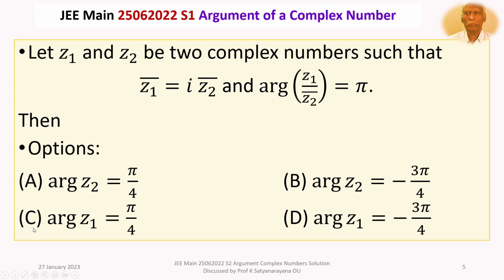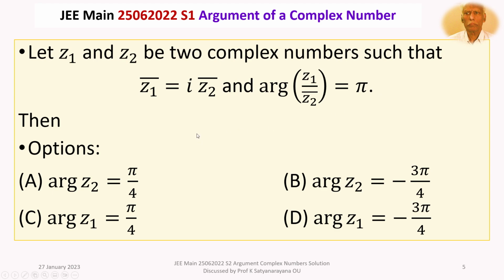Option B, argument of Z2 is minus 3 pi by 4. Option C, argument of Z1 is equal to pi by 4. Option D, argument of Z1 is equal to minus 3 pi by 4. We are given two complex numbers Z1 and Z2 satisfying these two conditions, that is Z1 bar is equal to i multiplied by Z2 bar, and the argument of Z1 by Z2 bar is equal to pi.